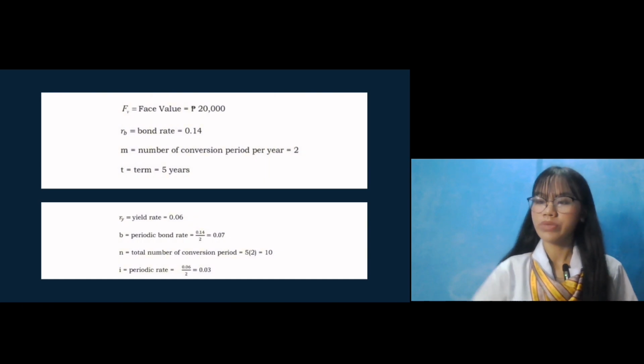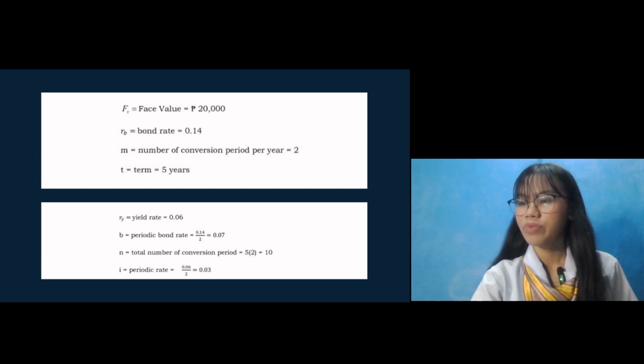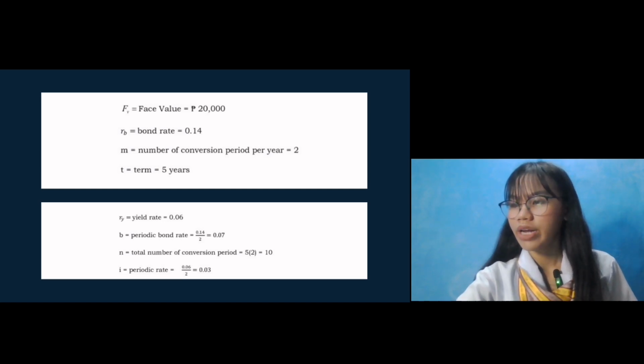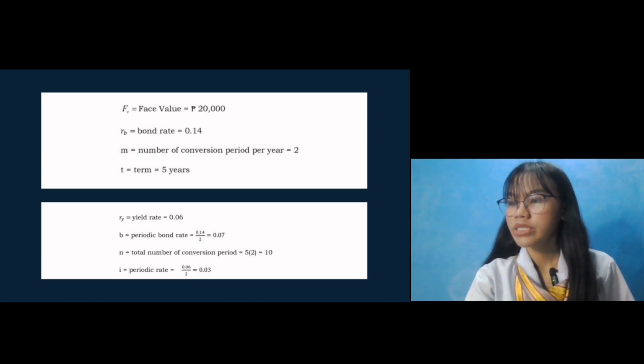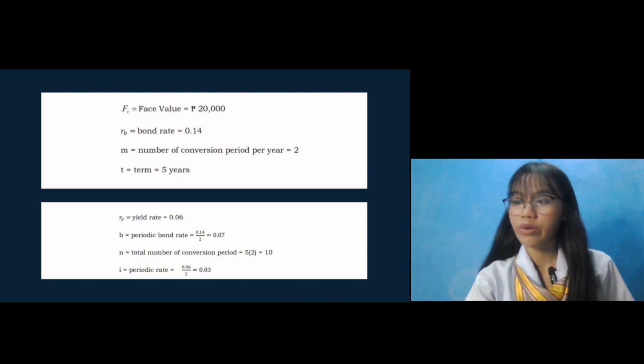Our F here, of course, is 20,000. And our rate, since it is 14%, is the interest on the face value, so that will be 0.14 if we convert it into decimal.